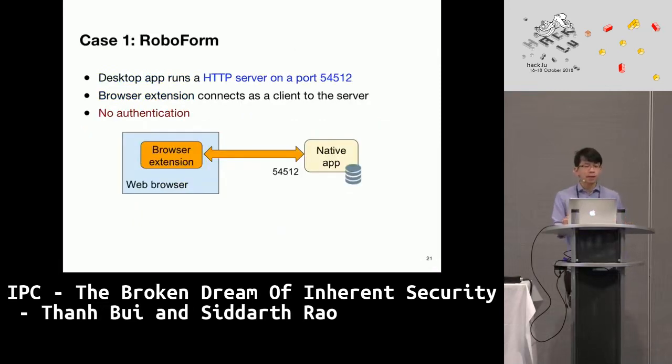The first case study I would like to talk about is RoboForm. The RoboForm app runs an HTTP server on port 54512 and waits for client connections. The RoboForm browser extension connects as a client to the server in order to query the password from the app. The problem with RoboForm is that there's no authentication on this IPC channel, and the app will respond to any client without verifying that it's actually the legitimate RoboForm browser extension.